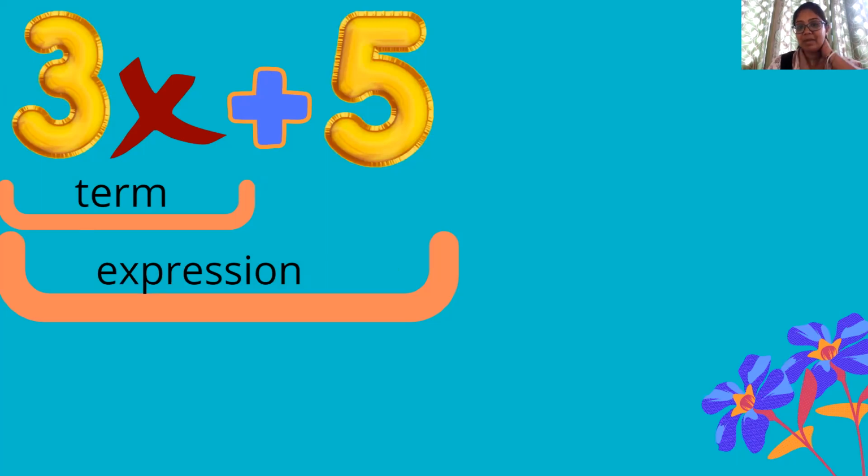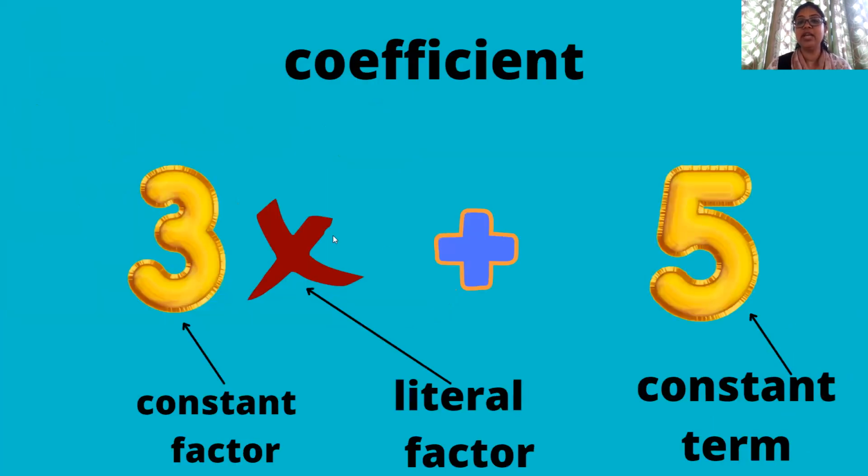Now you might be asking, ma'am, why are 3 and x both not said to be 2 different terms? Well, for this, we have this slide. See, 3 and x, they have a connection, which is they are factors. They are the factors of the product 3x. It is connected with a multiplication sign. 3 is a factor of 3x.